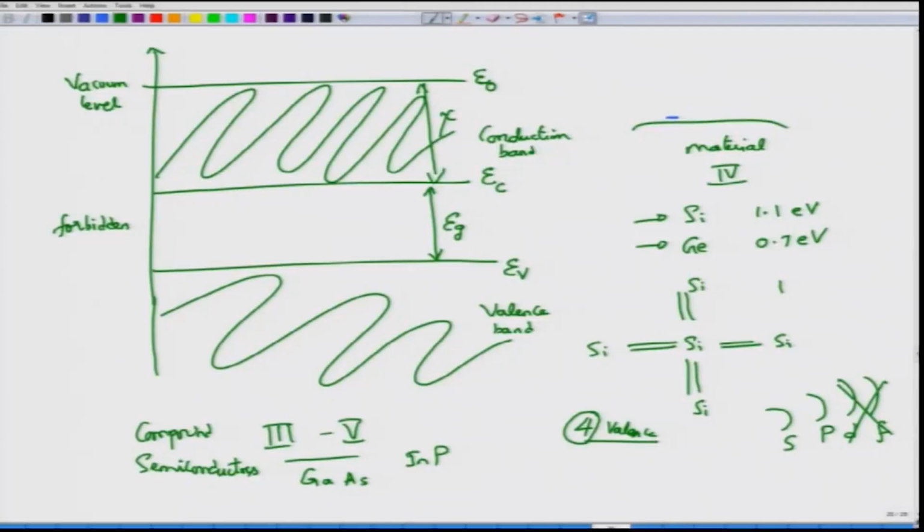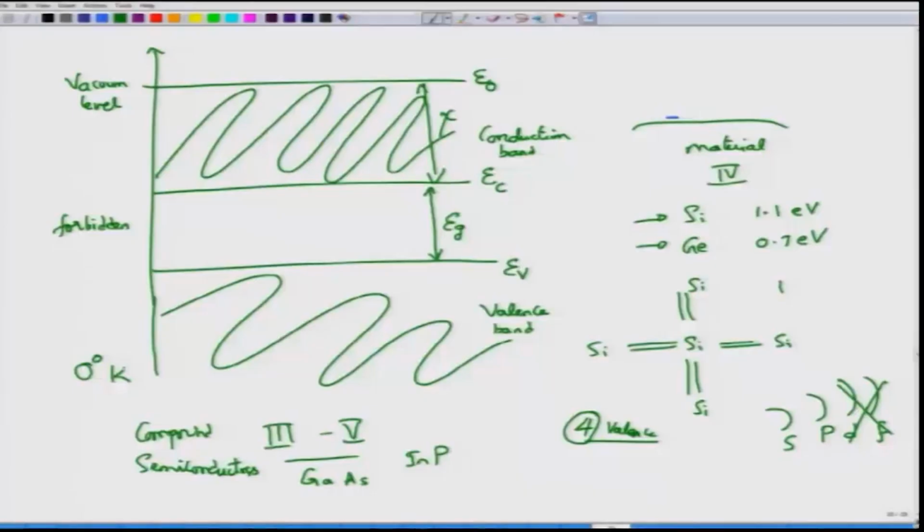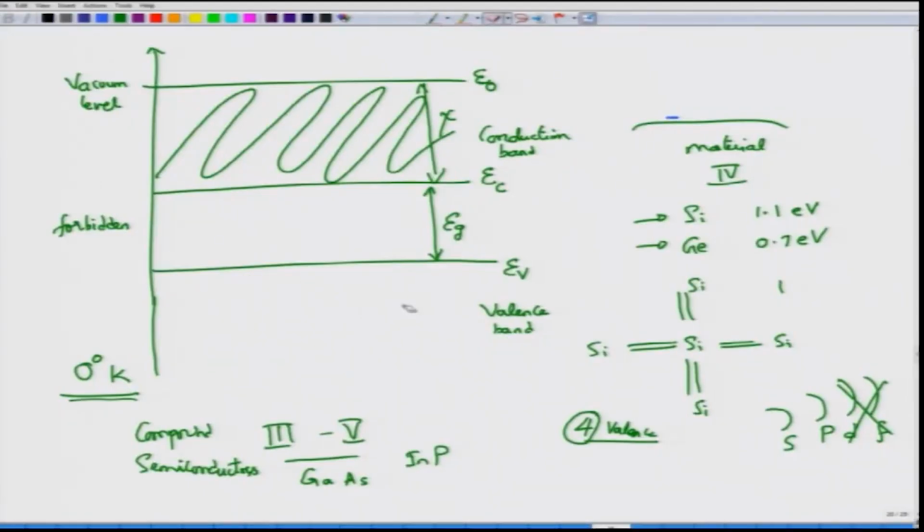So, you have these electrons at 0 degree Kelvin completely located in the valence band. When you apply an electric field, the conduction band is completely empty, therefore there is no current. So, at 0 degree Kelvin there is absolutely no conduction possible in a semiconductor material. In that respect, it actually looks more like an insulator. In fact, it is an insulator.